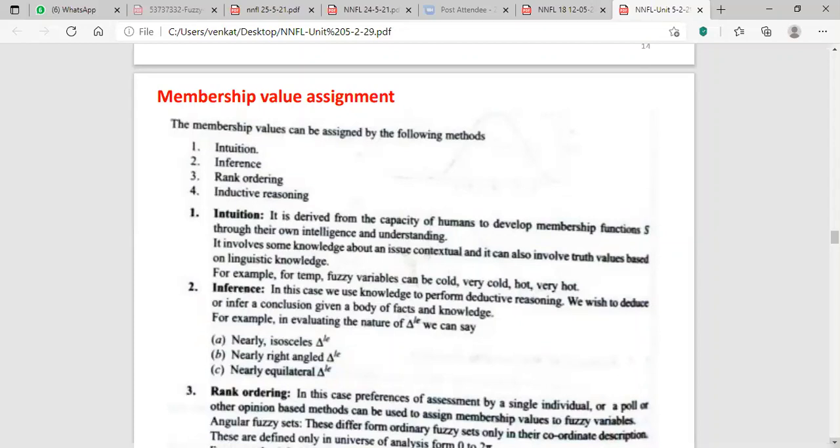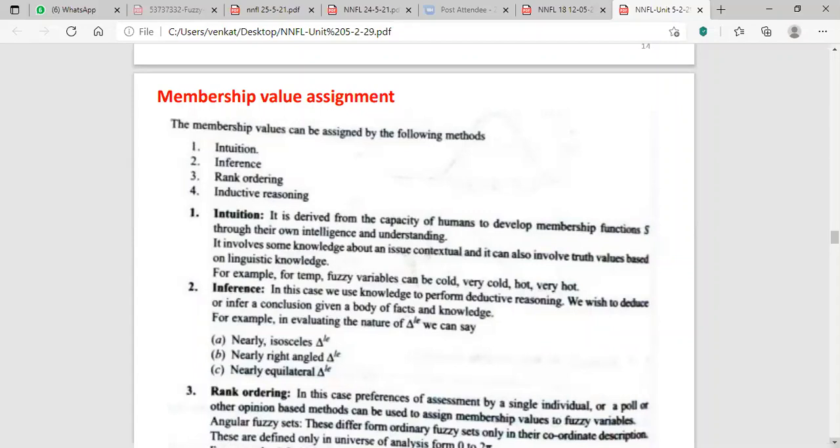So it involves some knowledge about an issue, and it can also involve true values based on linguistic knowledge. Linguistic in the sense, here we are using, suppose, temperature. For temperature, fuzzy variables are cold, very cold, hot, very hot.